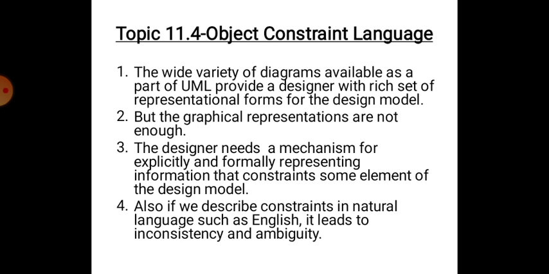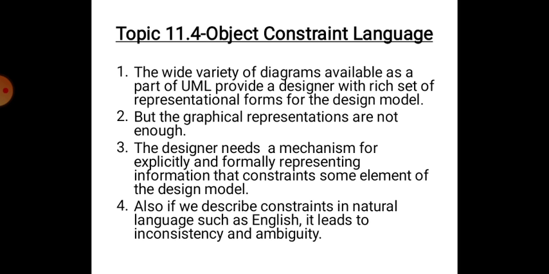Point number 2. But graphical representations are not enough. Students, UML diagrams are a diagrammatic representation, but only that much is not sufficient. Point number 3. The designer needs a mechanism for explicitly and formally representing information that constrains some elements of the design model.